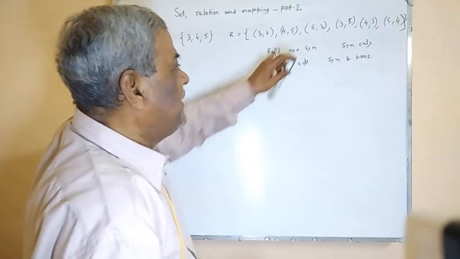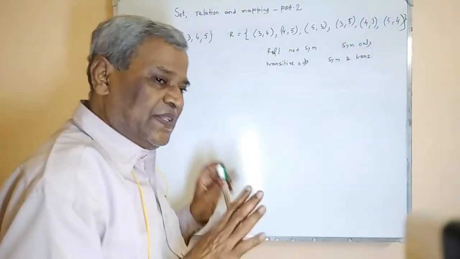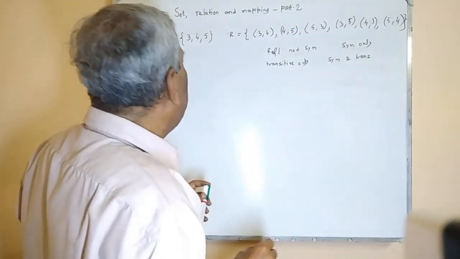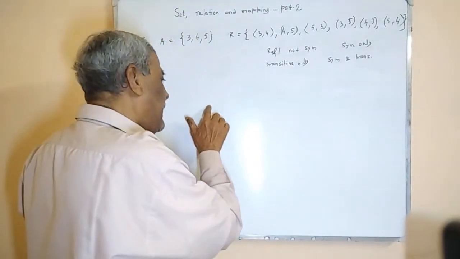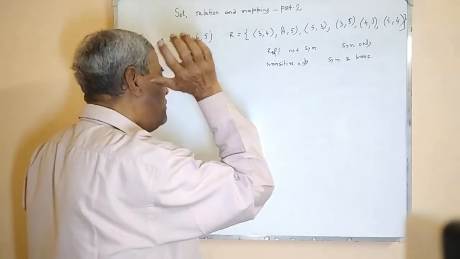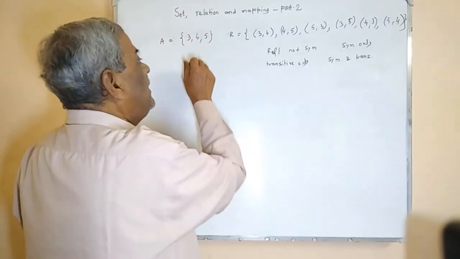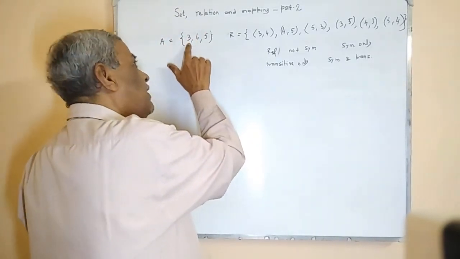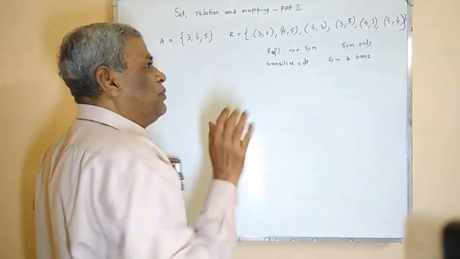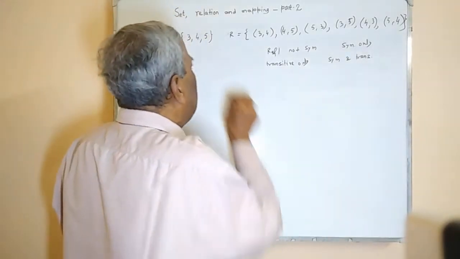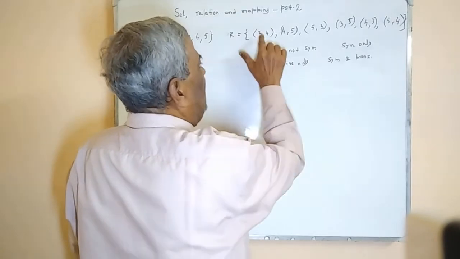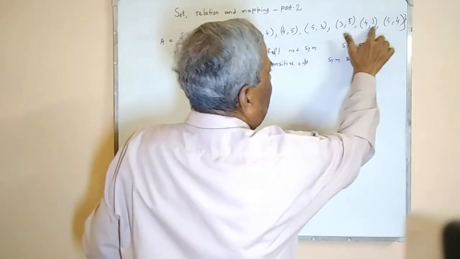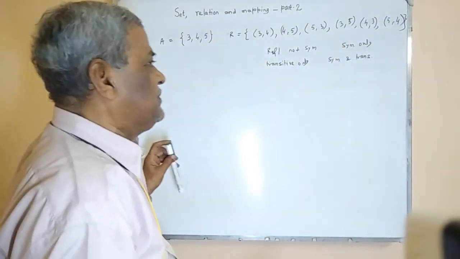First thing is, is it reflexive? To prove it is reflexive or not, reflexive means x relates with x for all x belonging to that. That means (3,3), (4,4), (5,5) must be there. But you see, at least (3,3) is not there. So it is not reflexive.